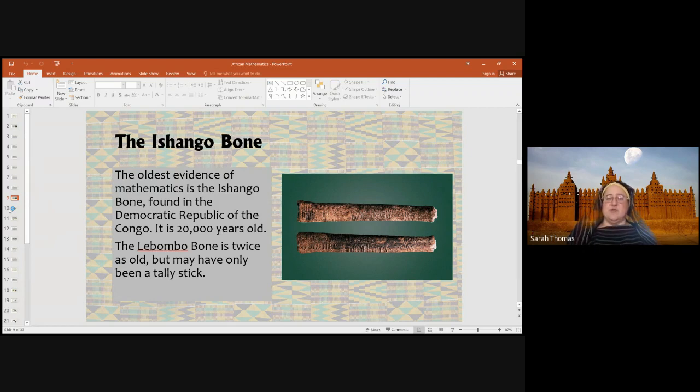There's varying numbers of marks in different parts of the bone, and these marks add up to either 48 or 60 on alternate parts of the bone. So there's something going on there that shows that they're actually thinking about what the relationships are between these quantities.